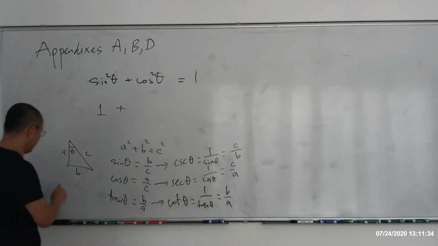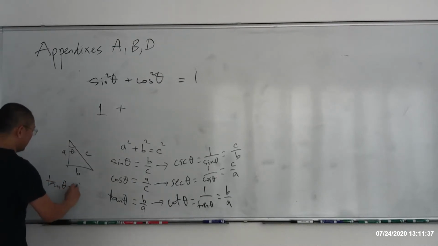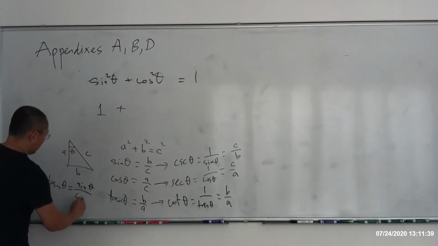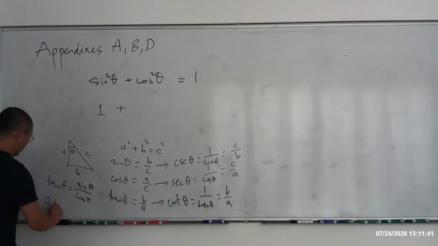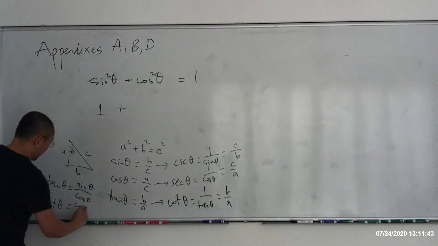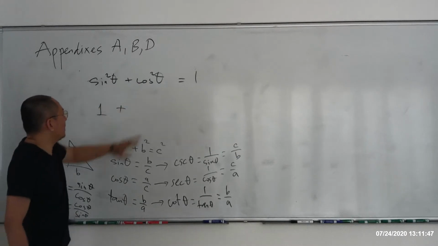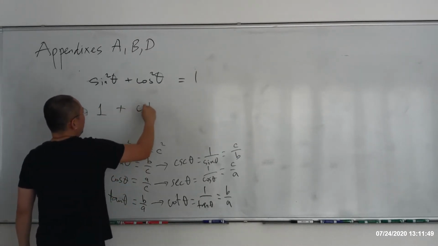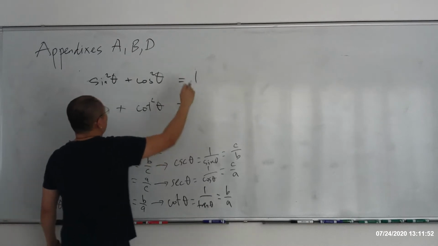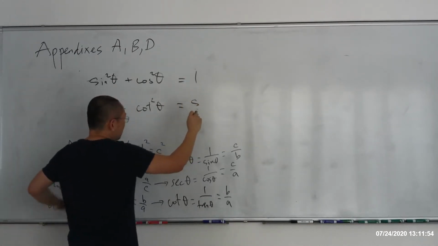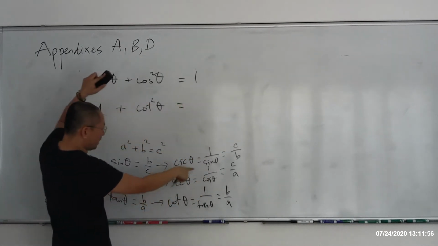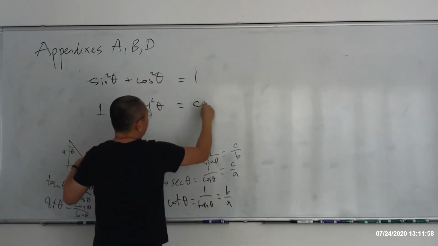Tangent theta is sine theta over cosine theta. So cotangent theta is the reciprocal, cosine theta over sine theta. So cotangent square theta plus 1 is equal to 1 over sine square theta. And you know that 1 over sine square is cosecant square theta.